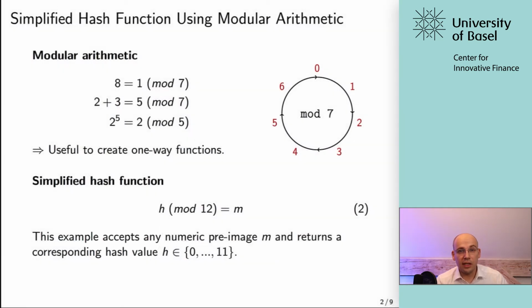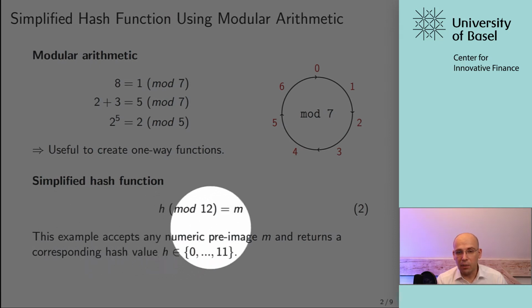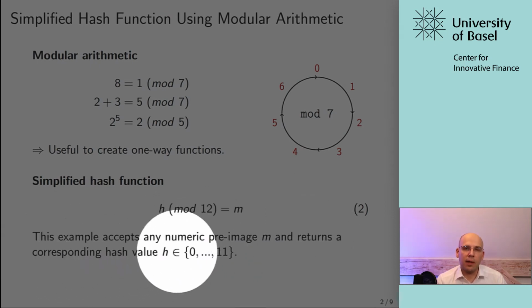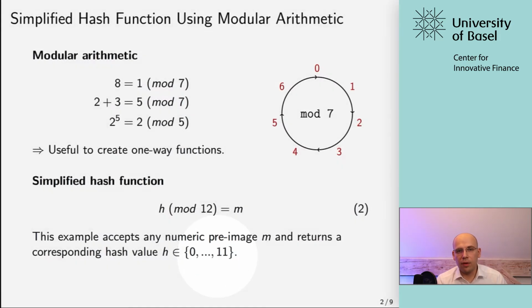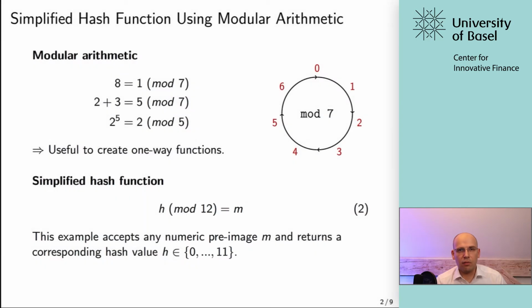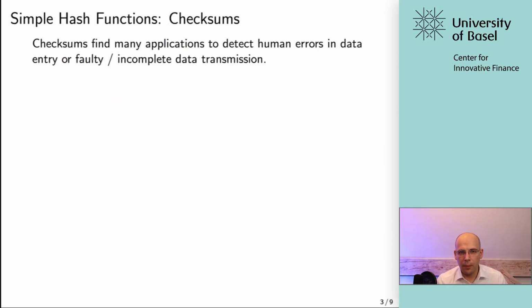So message in this case is just a number. And this example accepts any numeric preimage M and returns a corresponding hash value that is an element of 0 to 11. Obviously, when you think of the clock again, 0 to 11 when you have mod 12. So that's quite easy. That's something we will use a lot in this course. So even though it's quite simple, you should get used to it.